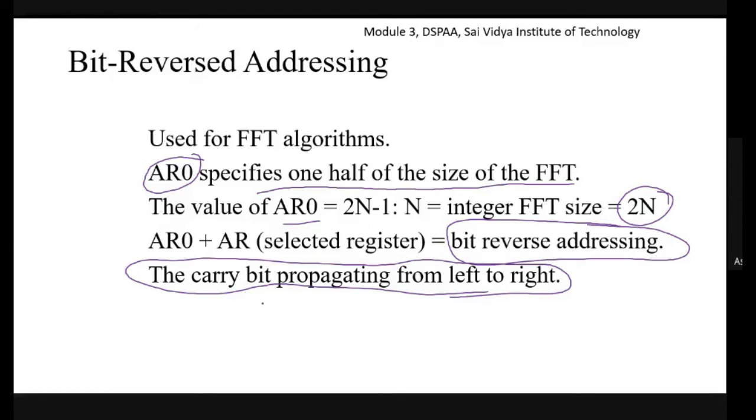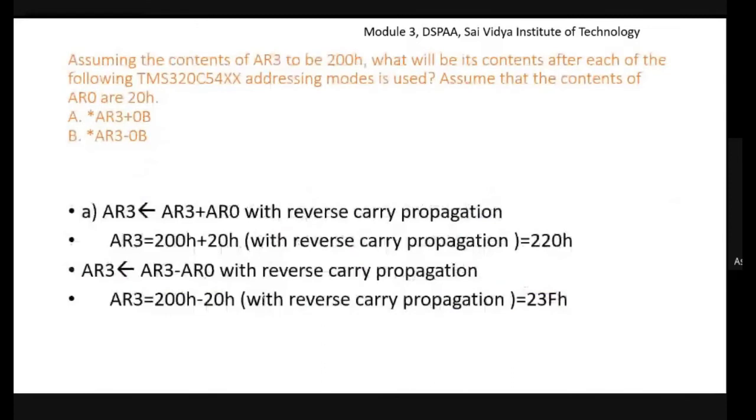So this is the bit reversed addressing mode. We'll learn one example of it. The instruction specifies *AR3+0B, *AR3-0B. Whenever we have the B symbol with AR3, it is obviously a bit reversed addressing mode.